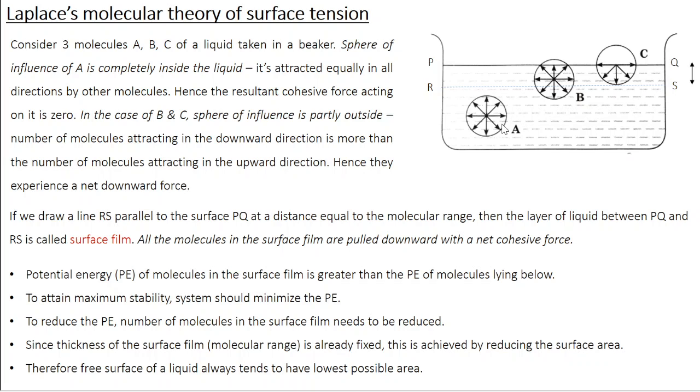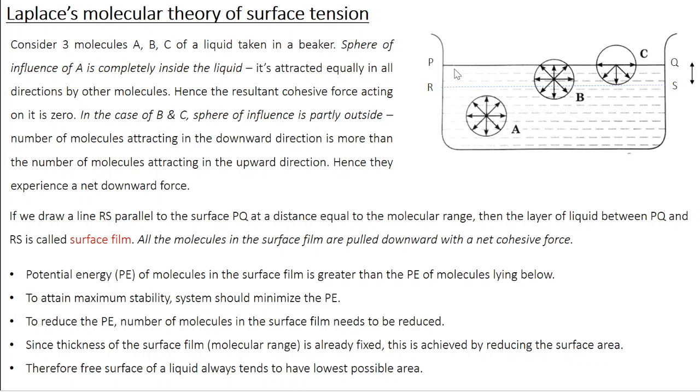So the net cohesive force is 0 in the case of A. On the other hand, if you look at B and C, their sphere of influence is partly outside the liquid surface, which means the number of molecules attracting these in the downward direction is more than the number of molecules attracting them in the upward direction. Consequently, they experience a net downward cohesive force.